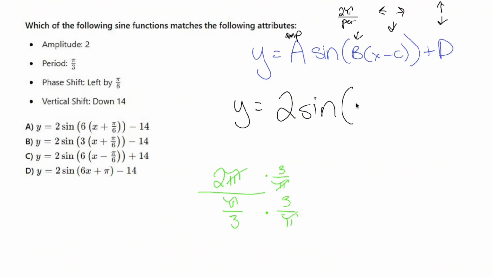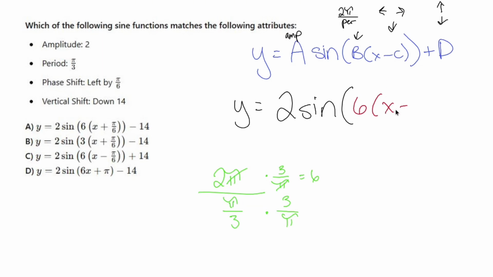And B is going to be 2. Why did I say 2? It should be 6, not 2. So B is going to be 6.